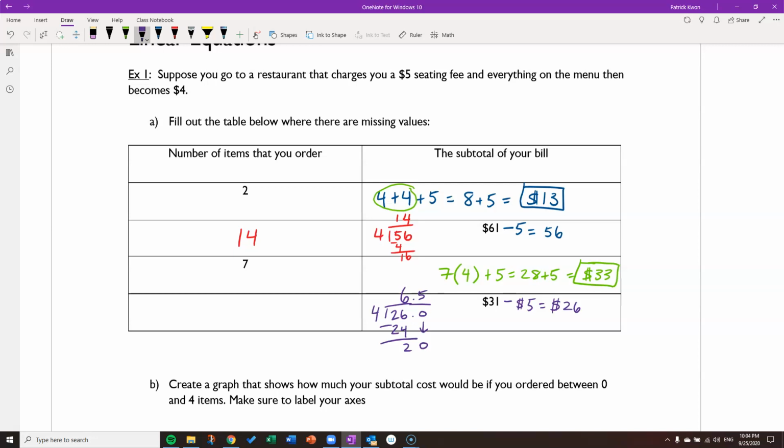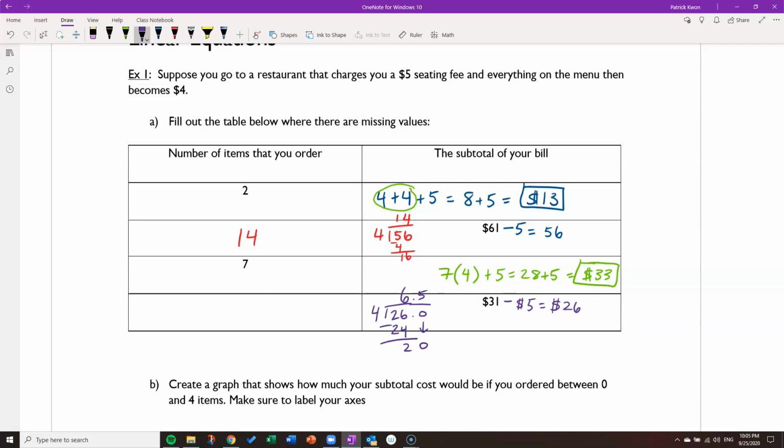So let's think about this carefully. If you were to go to a restaurant and ask the waiter for 6.5 items, it usually doesn't work out like that, right? Normally we can only order a whole number of items. You could say, I want 2 of these sandwiches. Generally, they don't let you do fractions of orders.